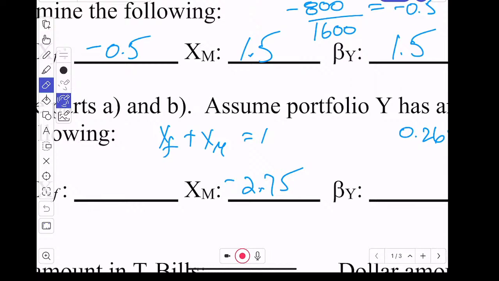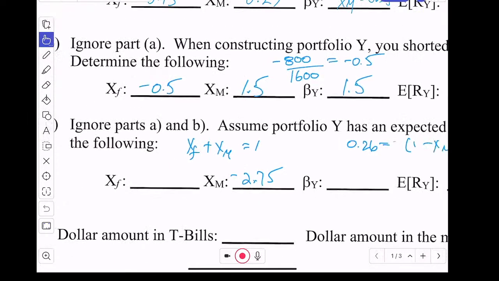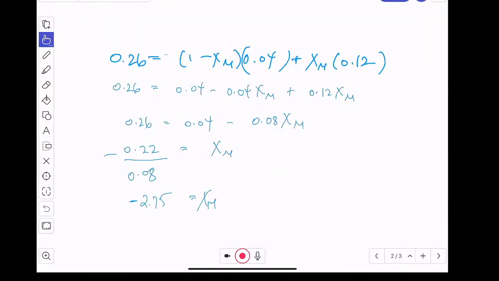Oh, what did I do? It's not a negative. This is a positive. It's the T-bill rate that has a negative on it. Let me try this again.